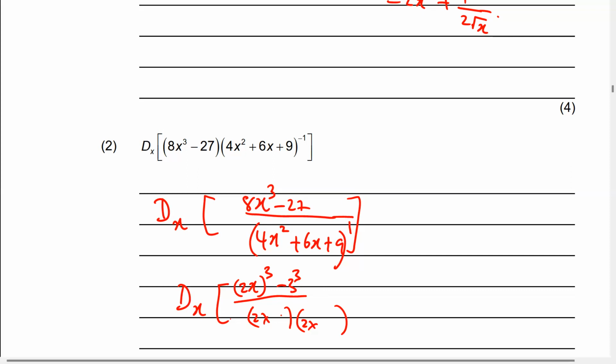Okay, I left my pen. I'm going to bring my writing tool so that what I'm writing is very clear. Right, we have 4x squared plus 6x plus 9. If you look at this one here, if you equate it to 0, what do we get?